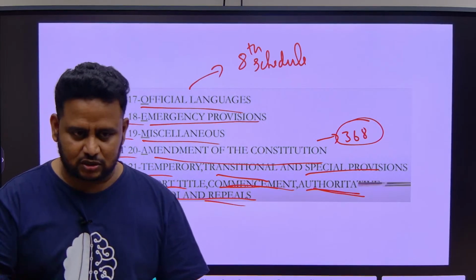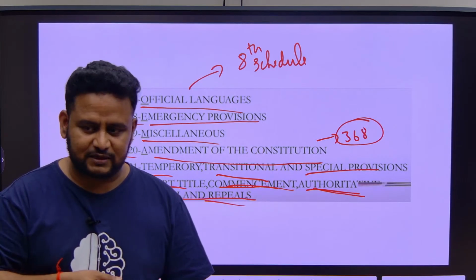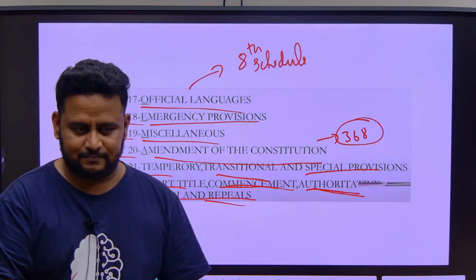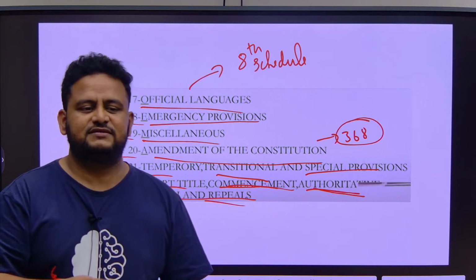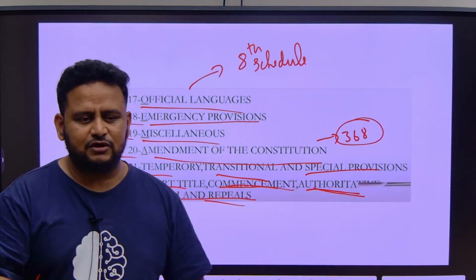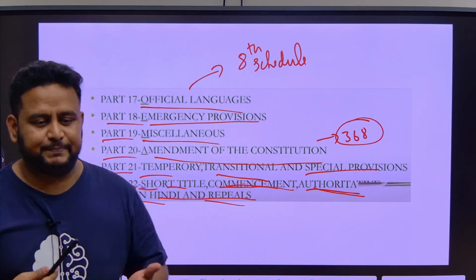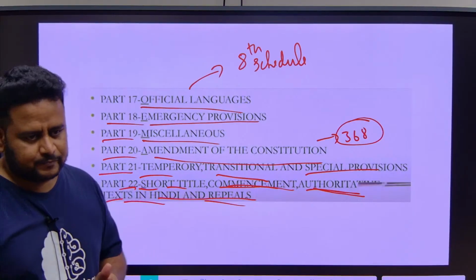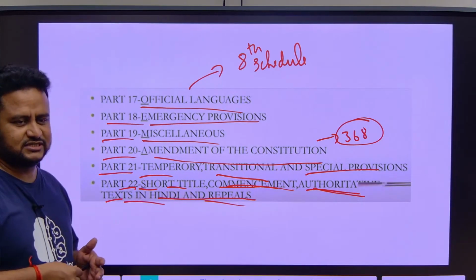I have to remove those questions from that book. That is repealing. In the constitution also, if there are some mistakes or arbitrary things, you have to remove them, and we call it repeals. You can understand it as deletion.